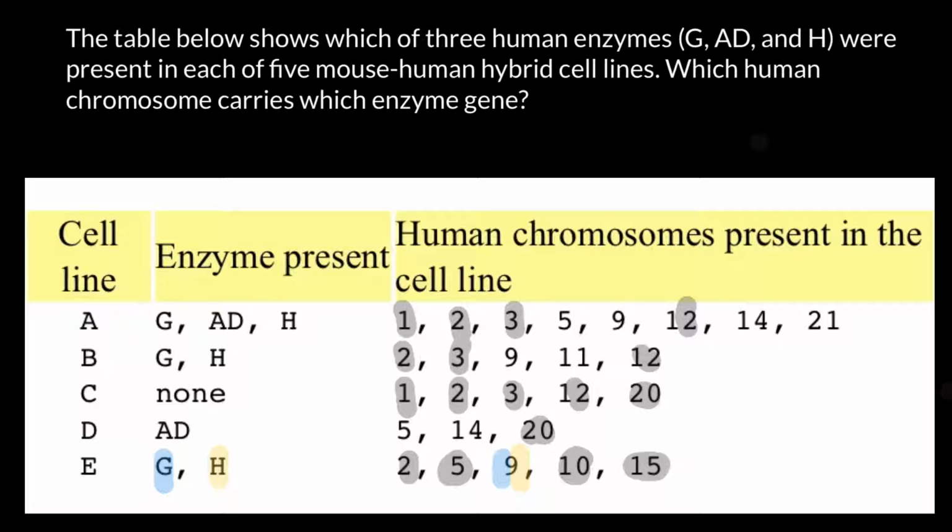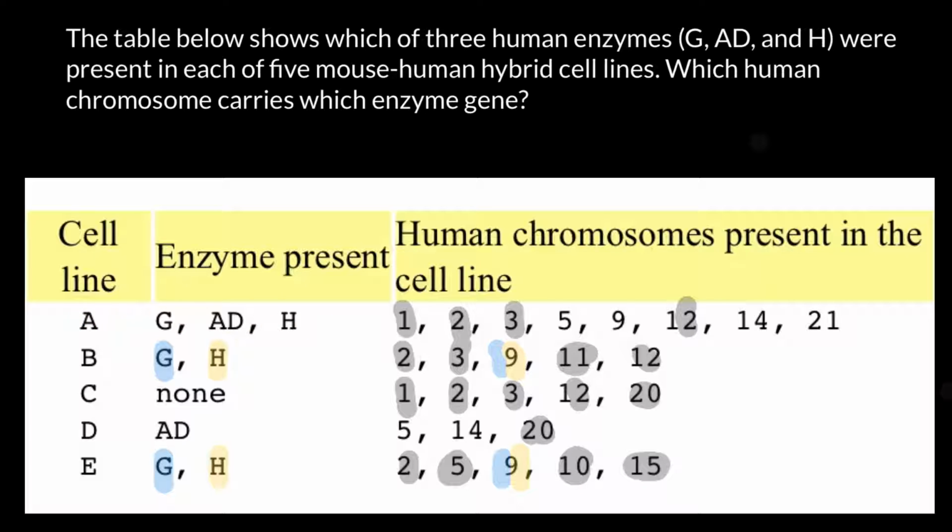So we can also put the same colors here, and yellow for H. And we exclude chromosome number 11 here. We know that it doesn't have these genes because it is absent in this cell line, and still we see these products here.